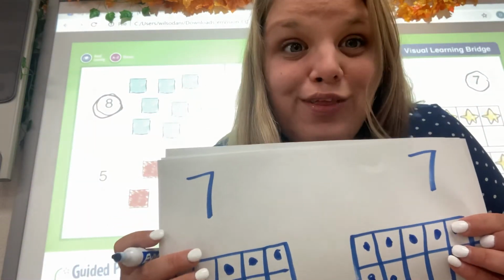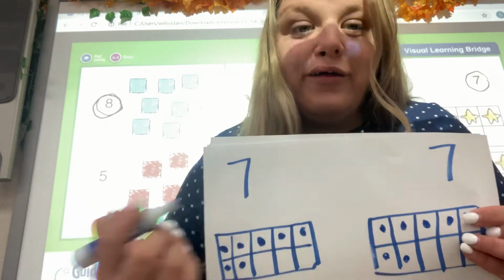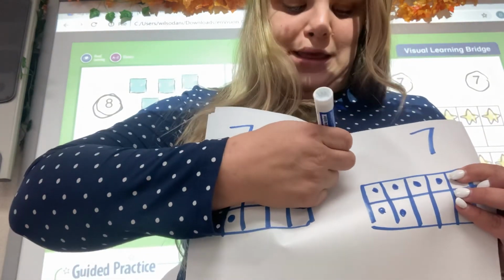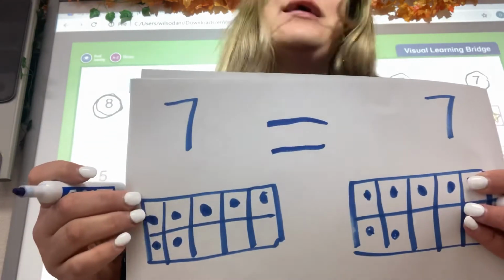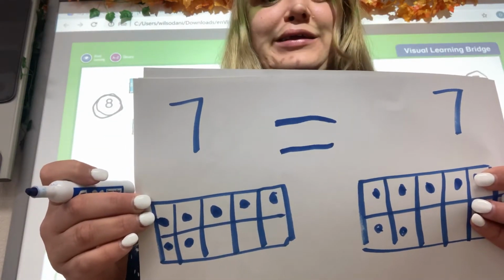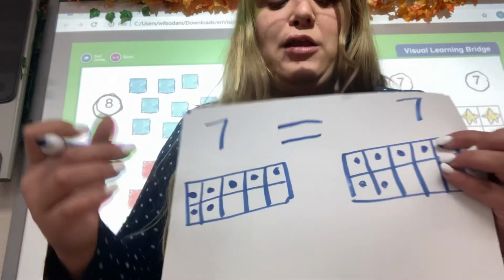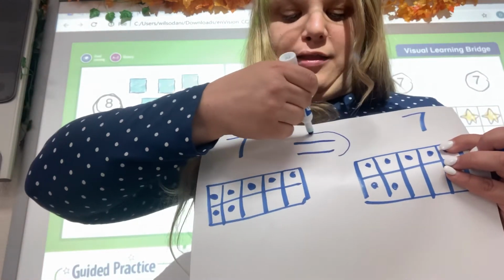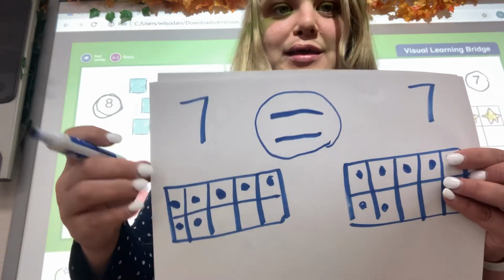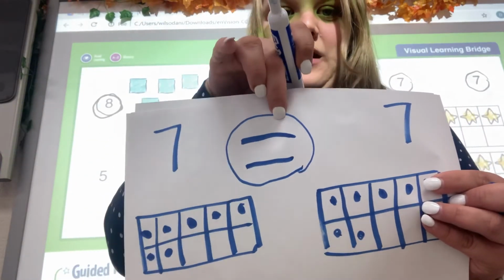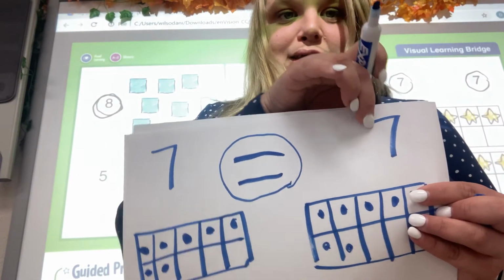Hey! Those numbers are equal. Go ahead and draw an equal sign. A line and a line. Equal. And you can circle that answer so Miss Wilson can see it really well. 7 is equal to 7.